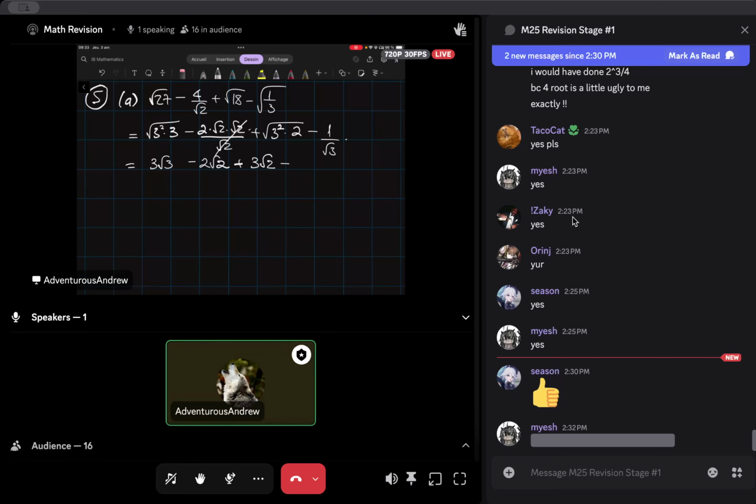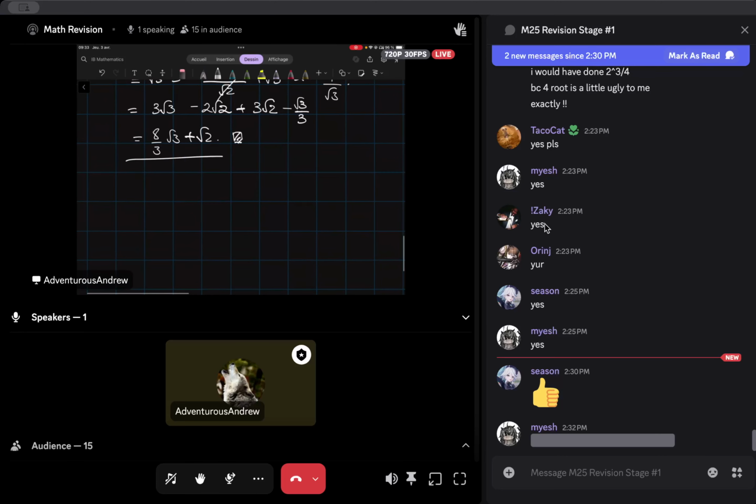Multiplying both the top and the bottom with root 3, it should give you root 3 over 3. 3 root 3 minus root 3 over 3, that's 8 over 3 root 3. Negative root 2 plus 3 root 2, that's going to be root 2. Final answer. Part B.